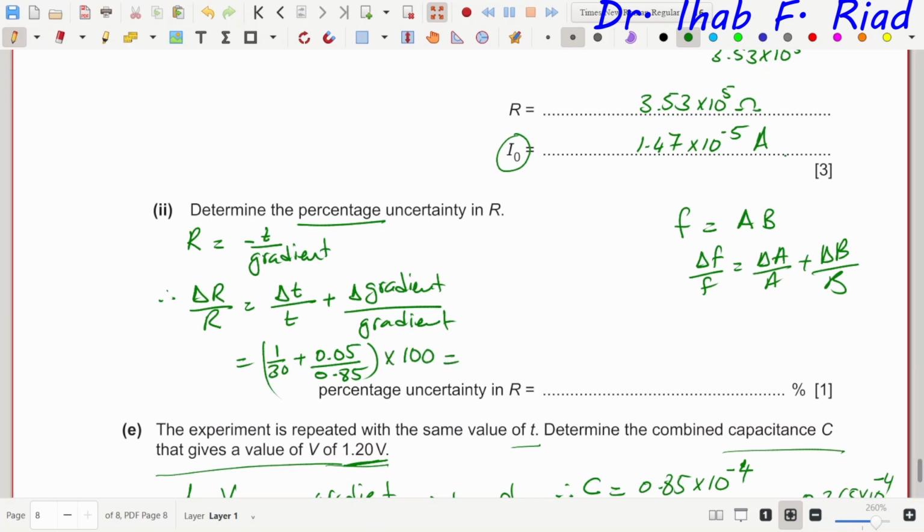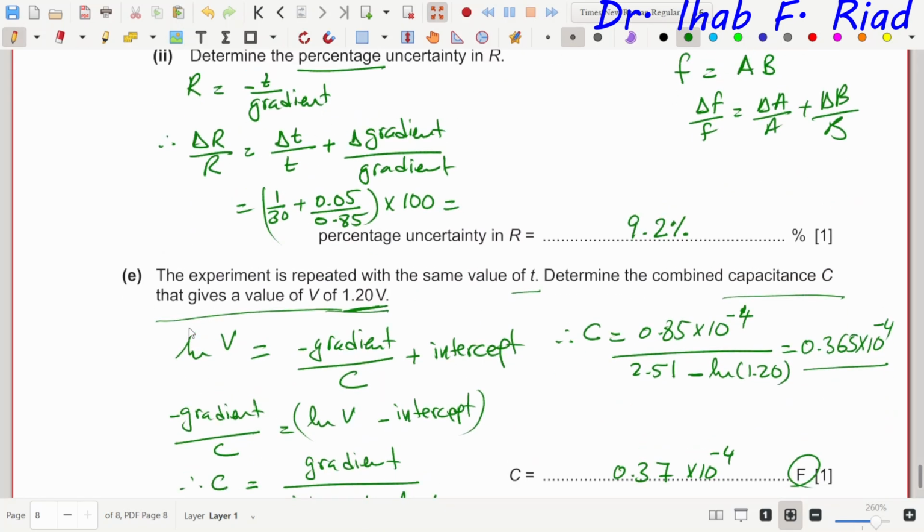So let us do the math. 1/30 plus 0.05 divided by 0.85, times 100. It is 9.21, so 9.2%. This is the percentage uncertainty in the measurement of R.